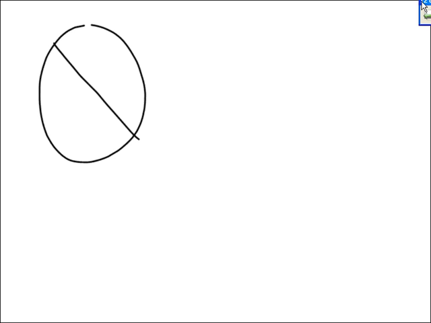Suppose you have a picture like this, and they tell you 50 degrees and 80 degrees, and they say find angle X.